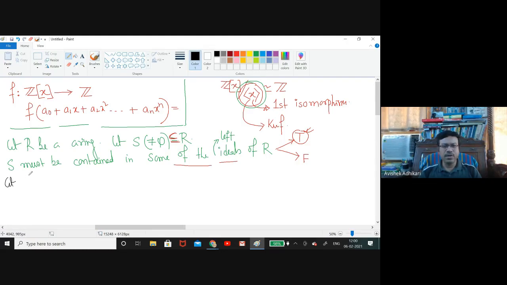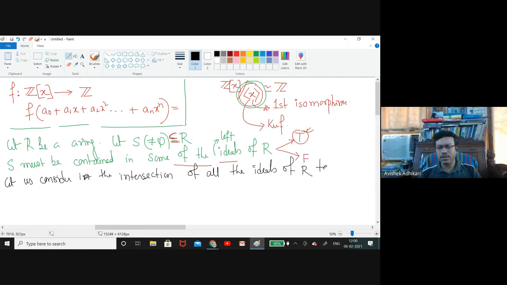So let us consider the intersection of all the ideals of R that contain S. That means if I have this image like this, you have R, S is a non-empty subset, and we found that there may be many ideals which contain S. Now take the intersection of all the ideals of R that contain S.